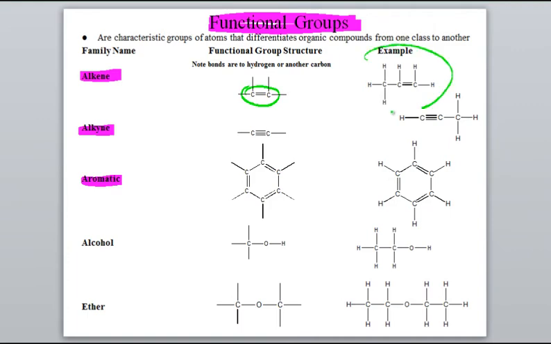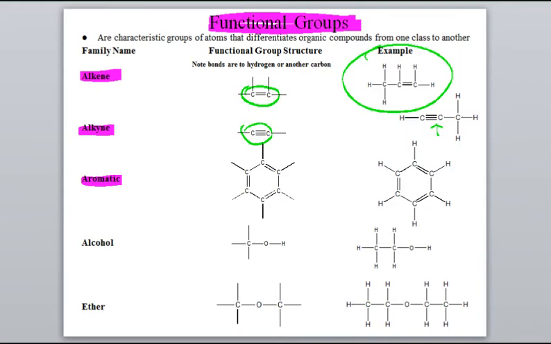And here's an example, a little bit different than the ethene. This is propene. The next one is alkyne, and if you see a carbon-carbon triple bond in a structure, that's an alkyne functional group. And this one has 3 carbons instead of 2, like our previous example, but it's an alkyne.